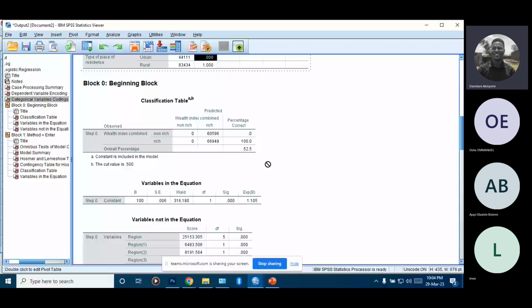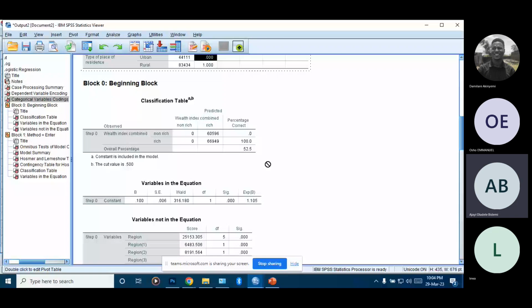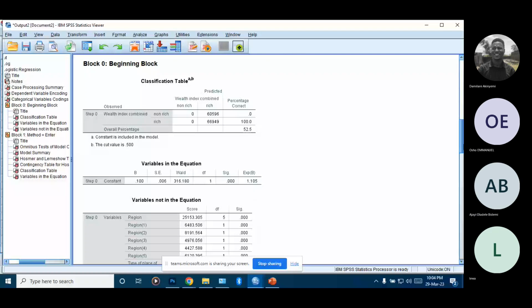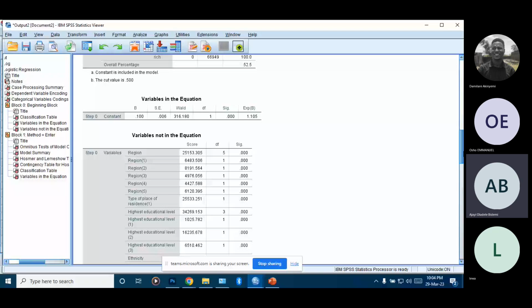Now for block 0, you are going to see the classification table, the variables in the equation, and the variables not in the equation. You will see 3 tables. What this part does, we don't actually need it in our interpretation. But it gives us the output for our binary logistic regression given that no independent variable is included in the model.